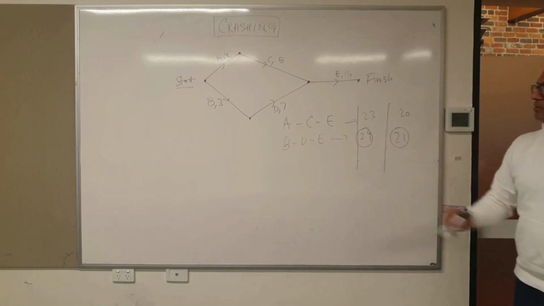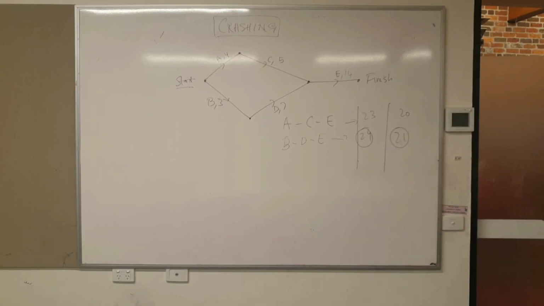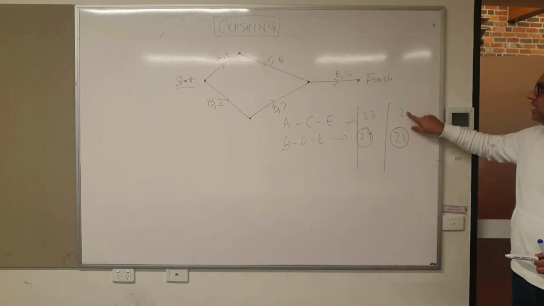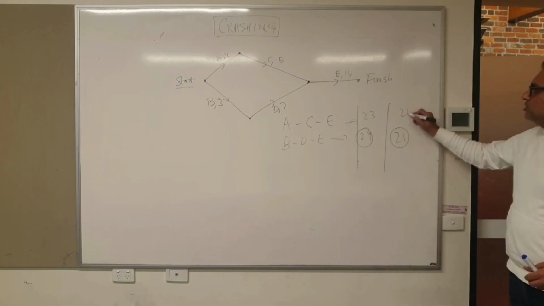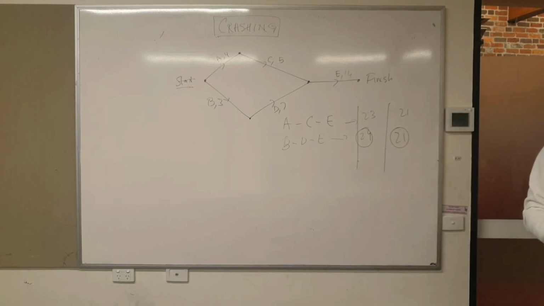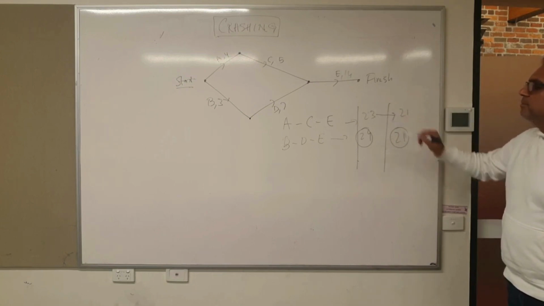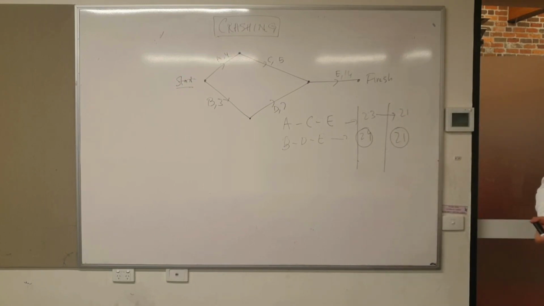What's your critical path now? 21. That means there's no point reducing any further, because at 20, the critical path remains at 21. Let's reduce 24 to 21, basically. That's the goal eventually, right? Is there any cost matrix involved?